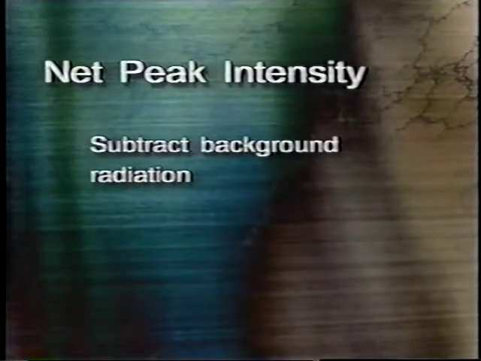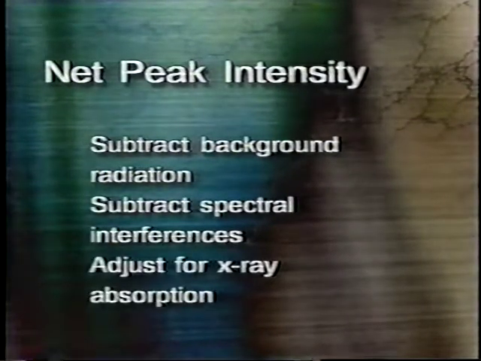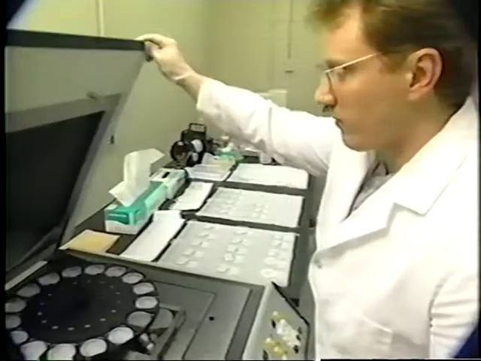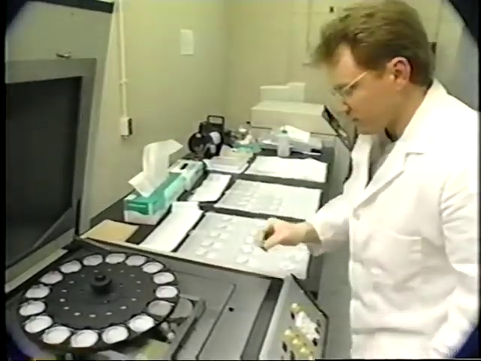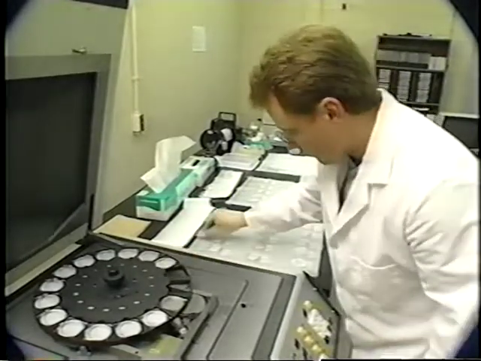The net peak intensity is obtained by subtracting background radiation, subtracting spectral interferences, and adjusting for X-ray absorption. Since the XRF method is relatively inexpensive, has low detection limits, has multi-element capabilities, and non-destructively analyzes the filter, it is one of the most commonly used elemental analysis methods.